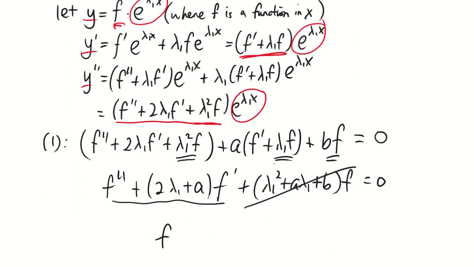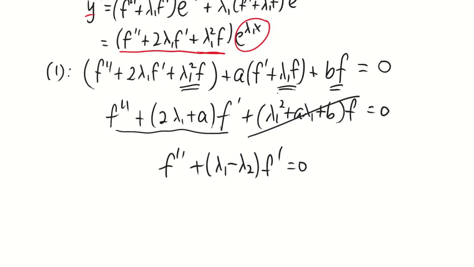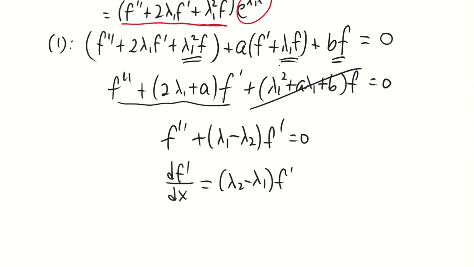So what we get is just f prime prime plus lambda 1 minus lambda 2 f prime equals 0. And let's try to write this as the derivative of f prime, minus, or we just write it like this, lambda 2 minus lambda 1 f prime. Okay, and remember that we assume that lambda 1 and lambda 2 are distinct, and hence this thing is non-zero.